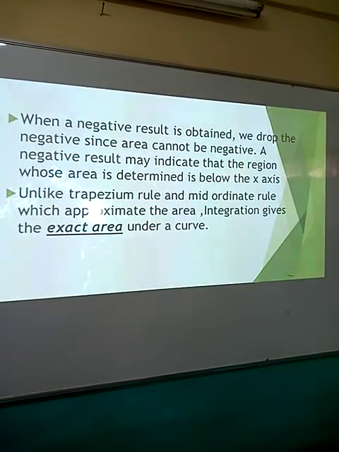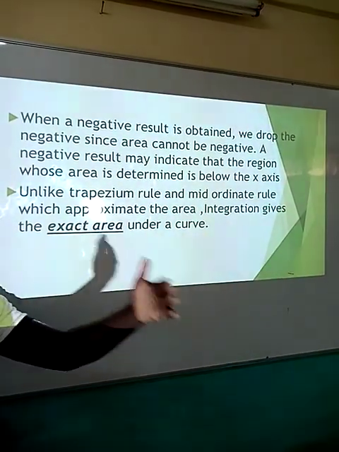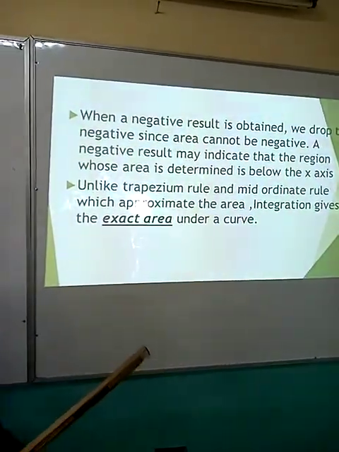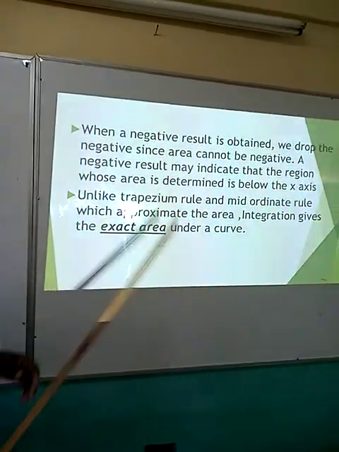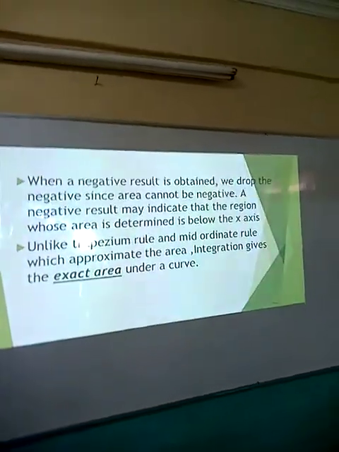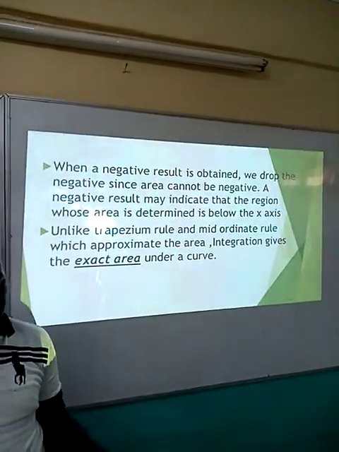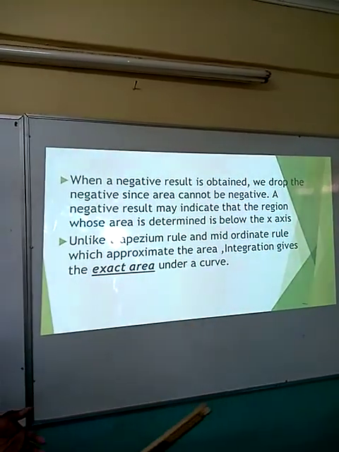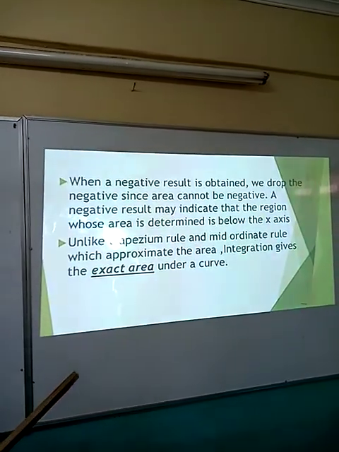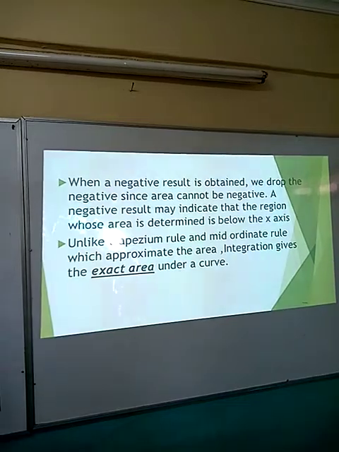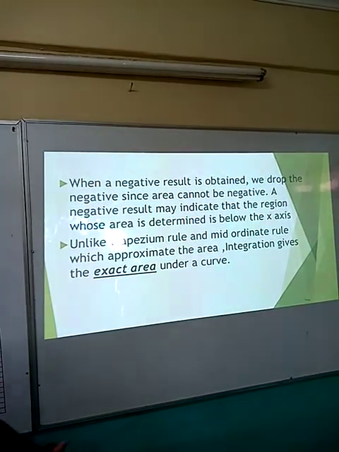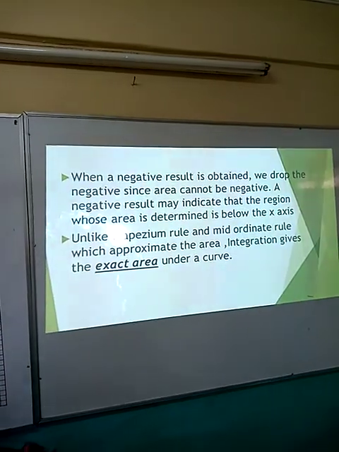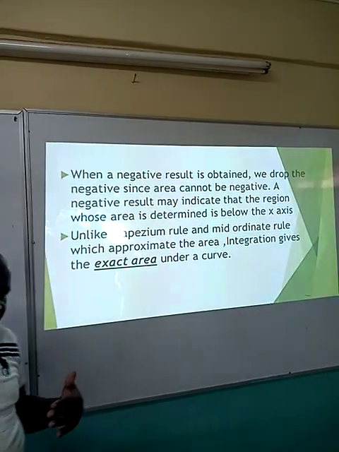In some cases, when we integrate and simplify, the final result that we may get as area could be a negative result. And this sometimes is a confusion to the candidates. When you see a negative result, you wonder whether area can be negative. I want to assure you that area cannot be negative. And so, when we get a negative result, we shall drop that negative.